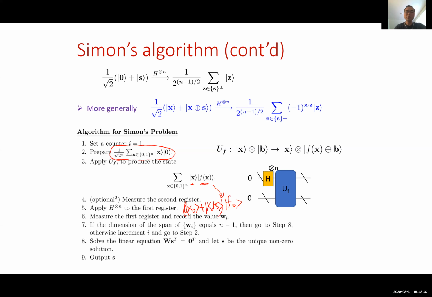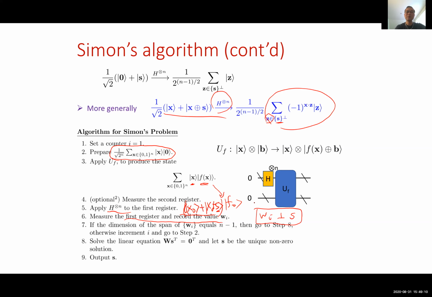So then you need to figure out what s is. If you perform the Hadamard gate on this, using what you have here, you only get the z to be orthogonal to s. So you just perform the measurement, measure the first register, and see the value. The value wi will be orthogonal to s, right?